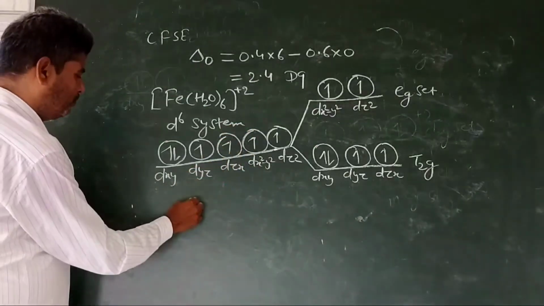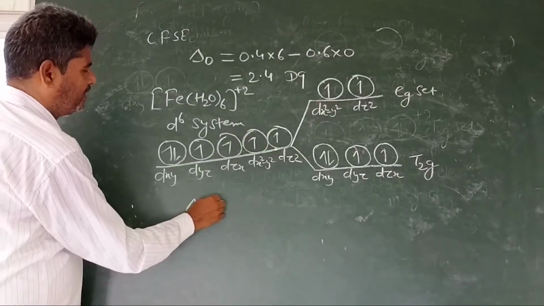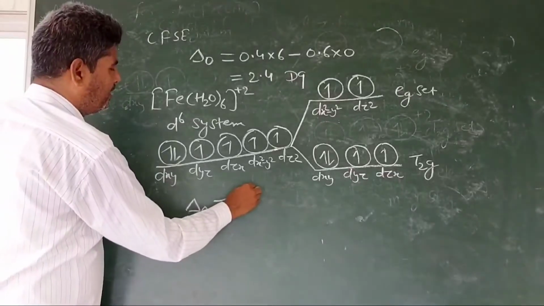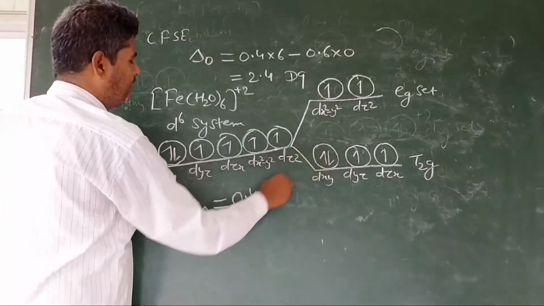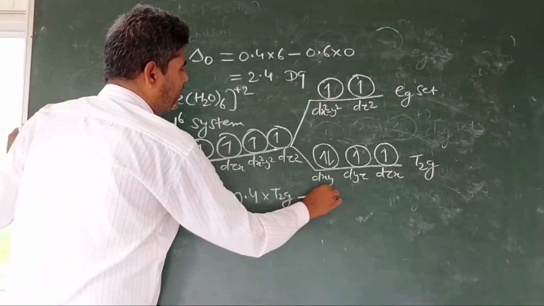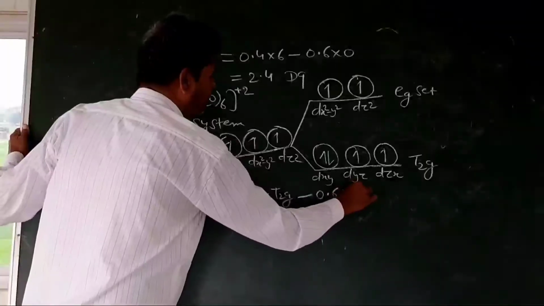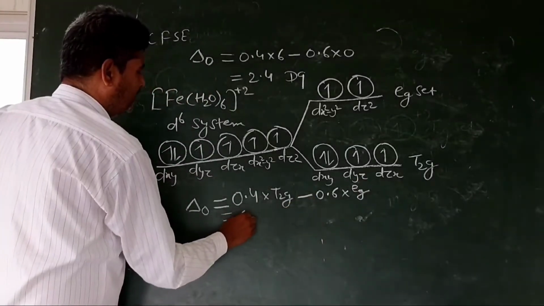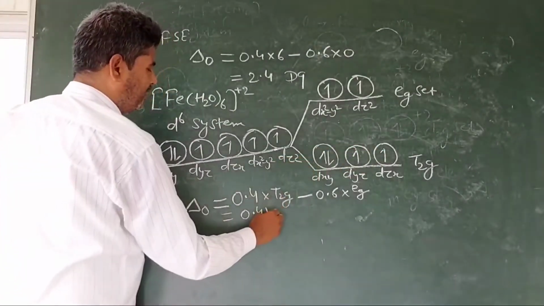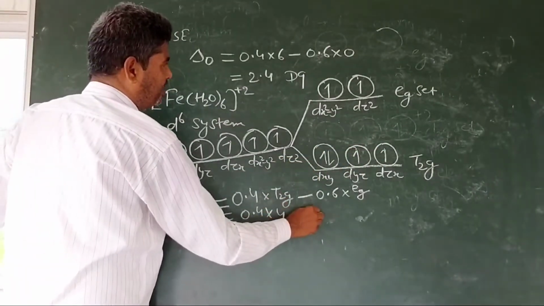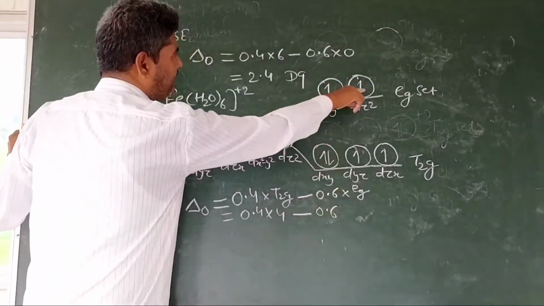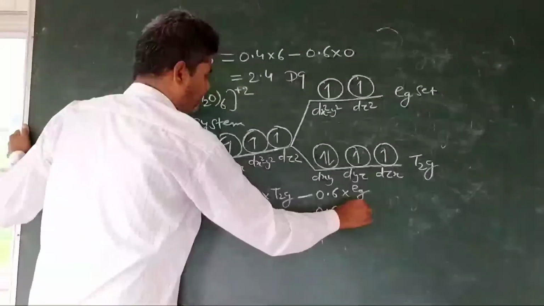So Δo is equal to 0.4 times the number of electrons in T2G minus 0.6 times the number of electrons in EG. 0.4 into 4 electrons present in T2G, so 0.4 times 4, minus 0.6, 2 electrons in the EG state, into 2.